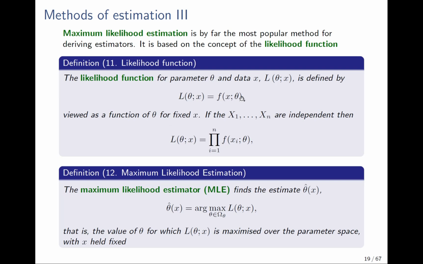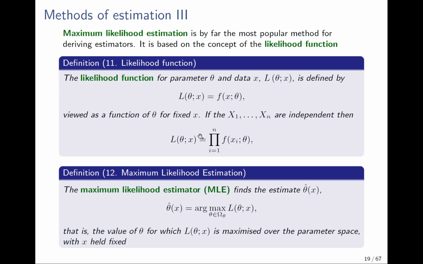This is a function of theta given fixed data that we observe, small x. And if the random sample we're dealing with are independent, then due to the laws of probability and the laws we looked at last week of joint densities, we can write the likelihood function over all observations as the product of f(x_i; theta). So that's the likelihood function.